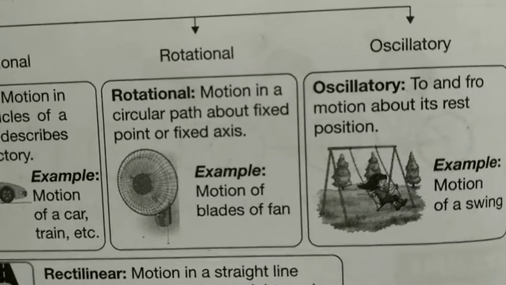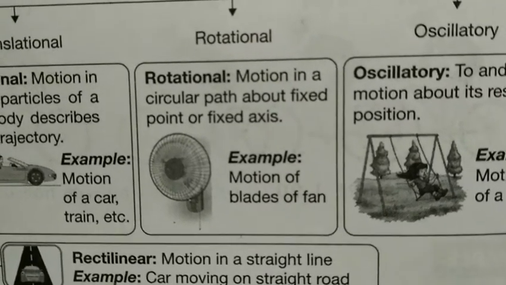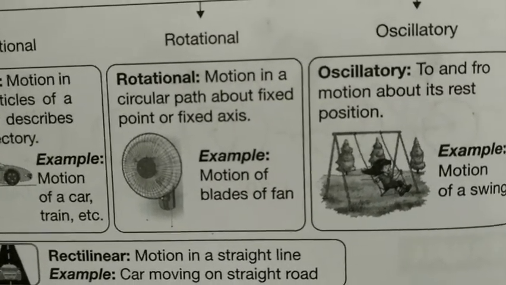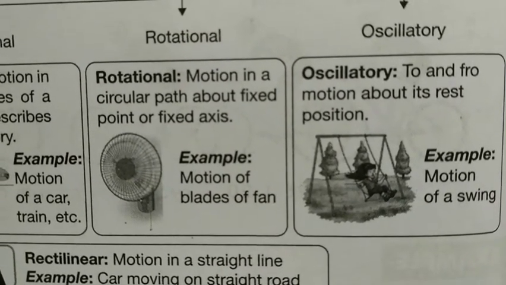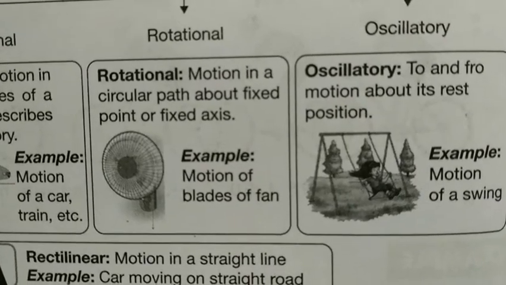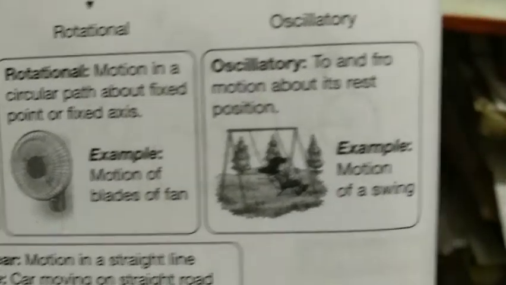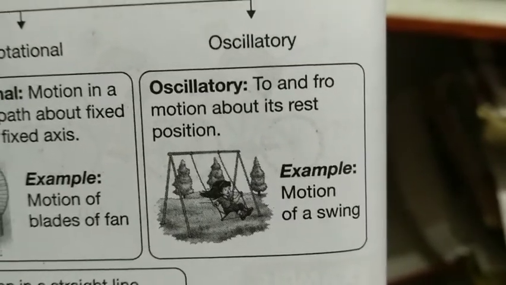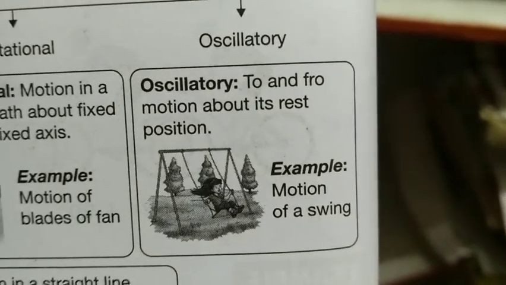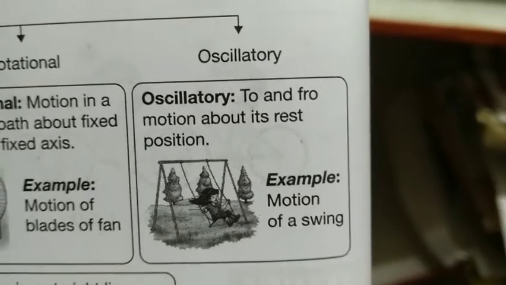Next one is rotational. I already gave an example, that is a fan. It is motion in a circular path about a fixed point or a fixed axis. Oscillatory is to and fro motion about its rest position. An example is the motion of a swing or a pendulum.